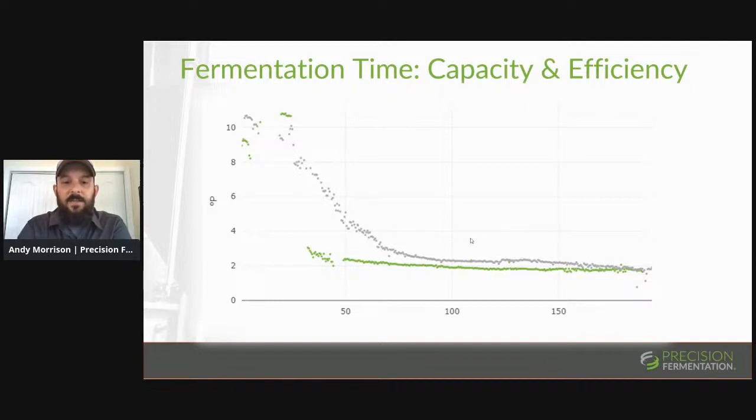You can see the faster fermentation took about 100 hours. The slower fermentation took upwards of 170 hours, right?